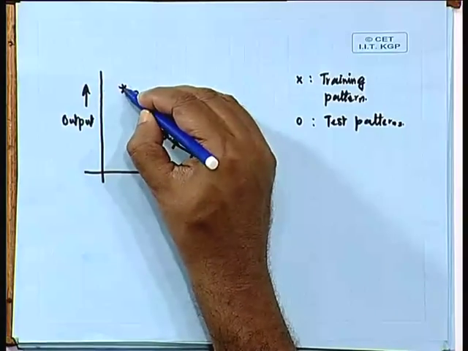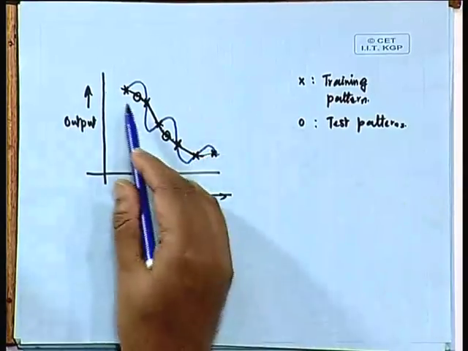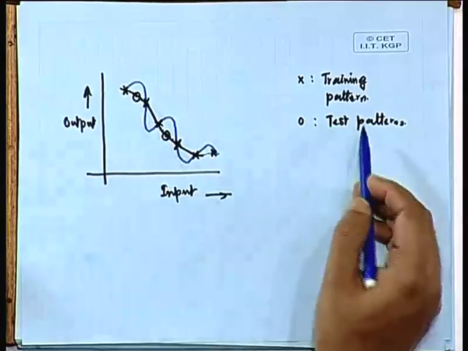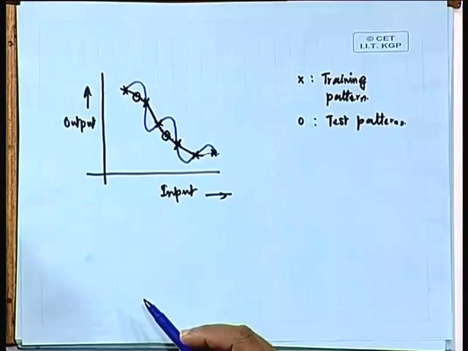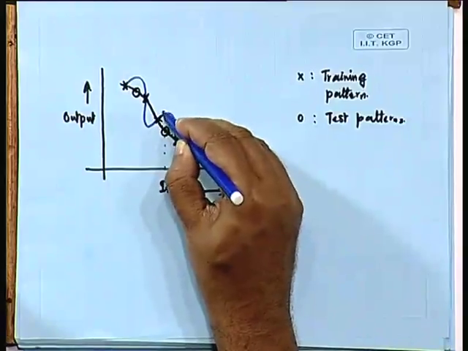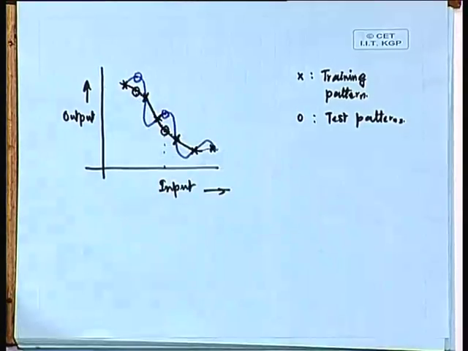Of course the function that you are approximating has to pass through the training pattern points, so there is no harm in fitting a function like this. Who says that it is bad? This function which I have drawn with blue is also passing through all the training patterns. But if I have to accept this blue function as my approximating function, then for this input I would be getting this as the output, not this, and for this input I will be getting this as the output, not this.